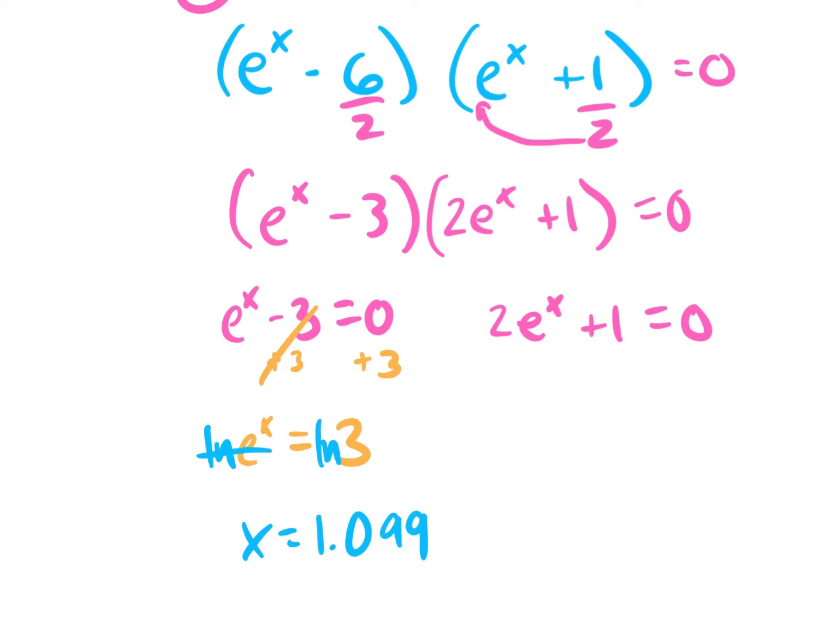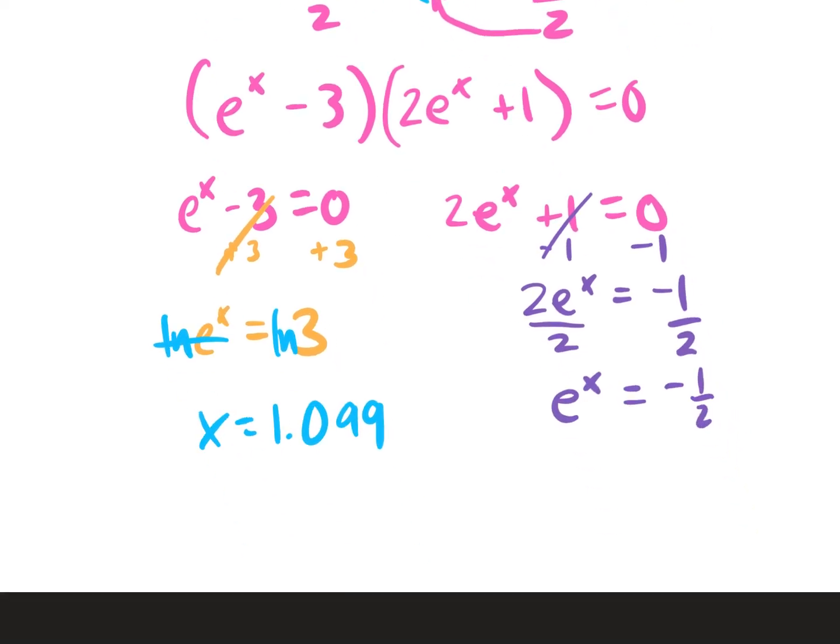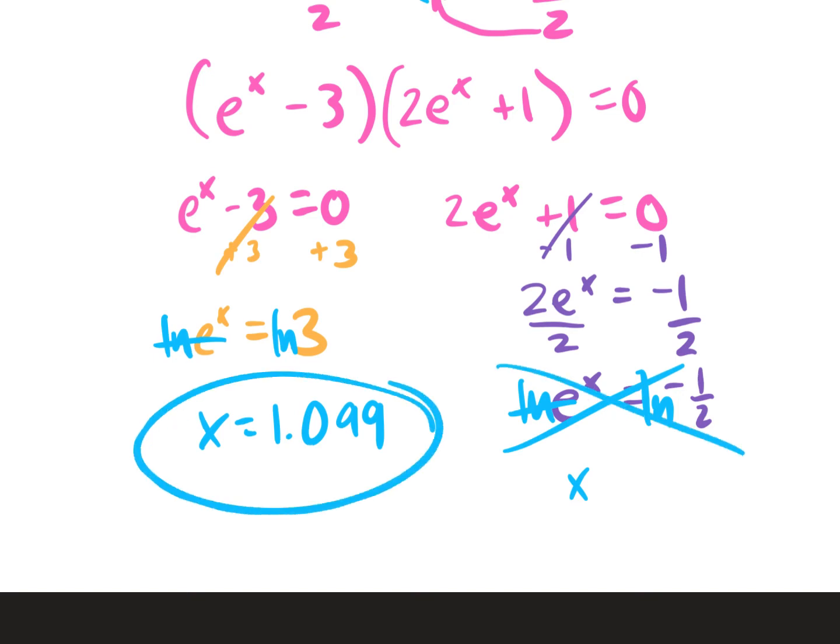The second one, we're going to do the same. Subtract 1 on both sides. Divide by 2. So e to the power of x is equal to negative 1/2. I take the ln of both sides. Can I take the ln of negative 1/2? Nope, so it doesn't work. So our only answer is 1.099.